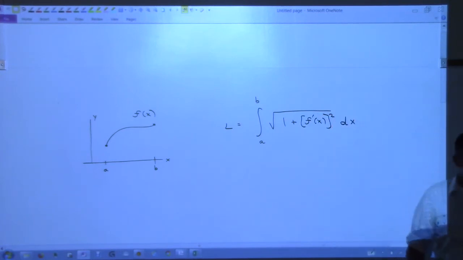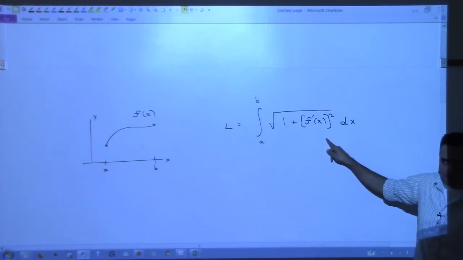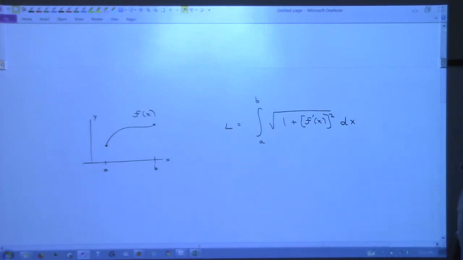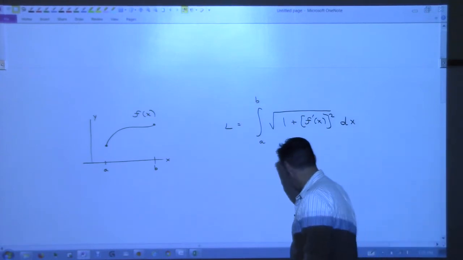Does that formula look familiar? That's from Cal 2. Okay? It looks familiar, right? Okay.